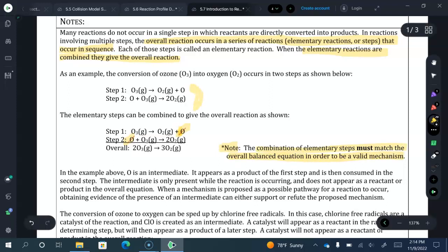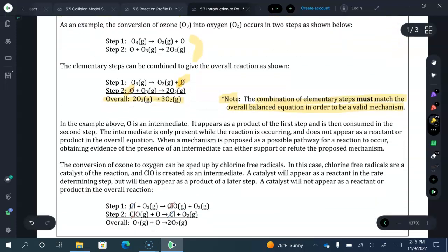So if these two steps did not combine to the actual reaction equation, like what we would normally write, it is not considered a valid mechanism. That is not how that reaction can proceed, because it doesn't match what the overall reaction is.